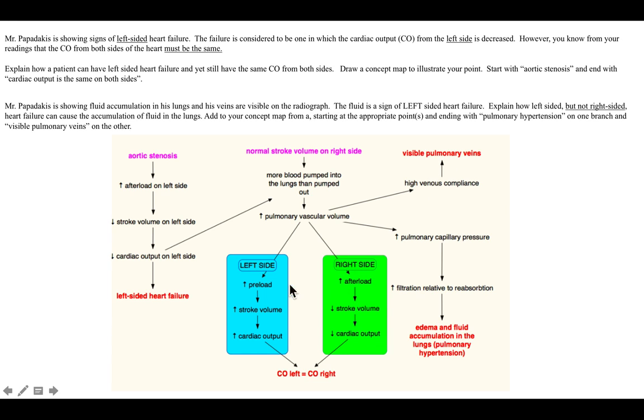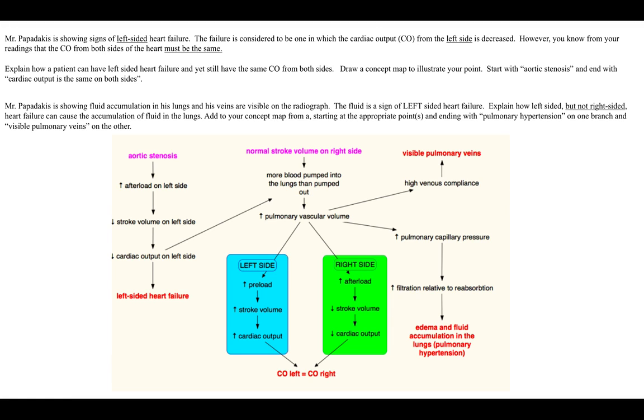So the fact that these two things have to be equal, and the fact that the left side has to go up and the right side has to go down, and the fact that that happens through this increased vascular volume is the reason why you get pulmonary hypertension with left-sided failure. Now, don't get me wrong, all the other stuff that we've talked about in the past is also going on.